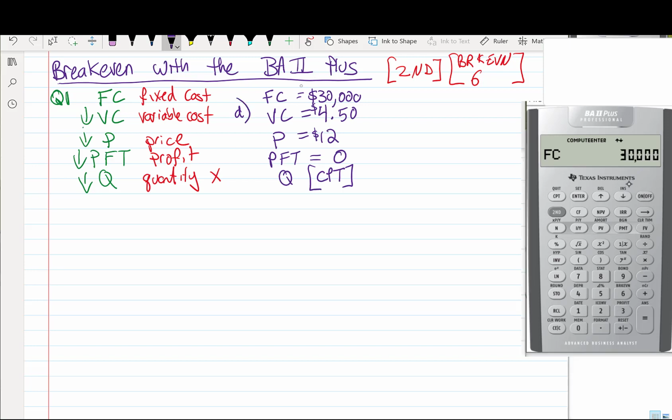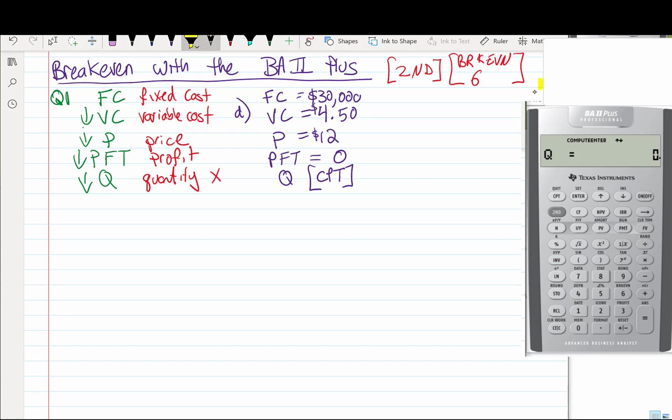I'm over at my calculator and I put in $30,000 and I press the enter button. Scrolling down, I put in 4.5 and then I'm pressing the enter button. Scroll down, 12, enter button. Scroll down, 0, enter button. Now I'm going to scroll down one more time and Q is showing, and I'm just going to press the compute, which is up in the corner here.